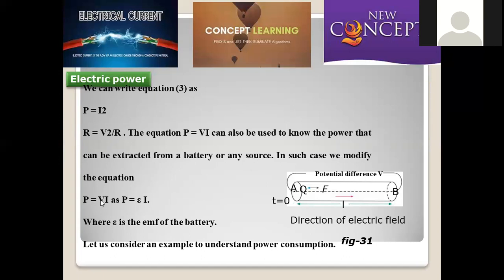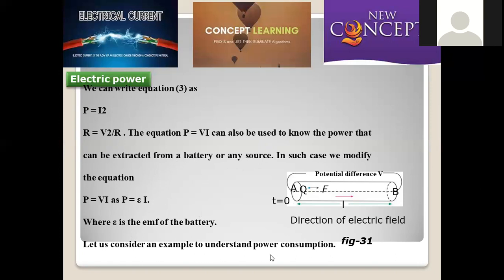P is equal to V into I, as just discussed, can now be replaced with P is equal to epsilon I. Here voltage is replaced with epsilon, where epsilon is the EMF of the battery. It is a more confined and more meaningful term than voltage when we are considering the energy drawn from the battery.